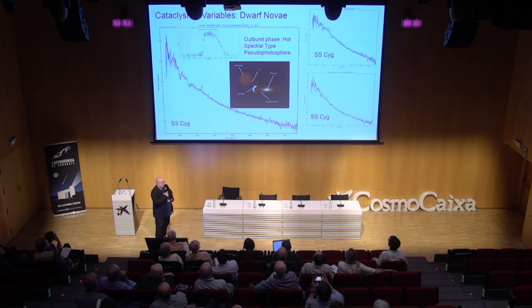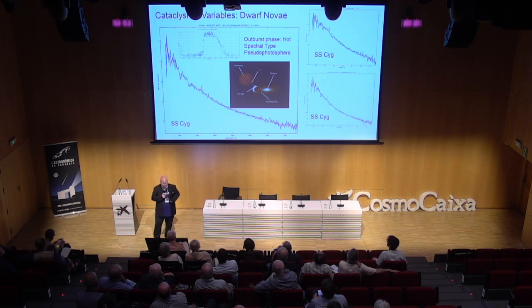Cataclysmic variables, it's right now a difficult field to obtain spectra, because most of the cataclysmic are very faint. I only succeeded in taking a spectrum of the most brilliant, which is SS Cygni.